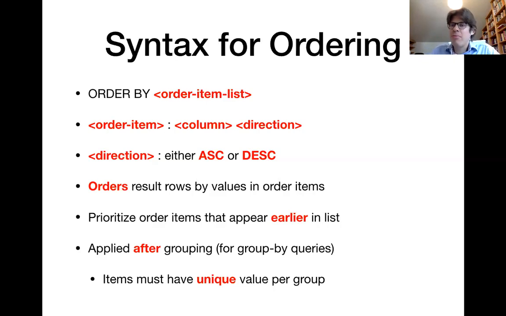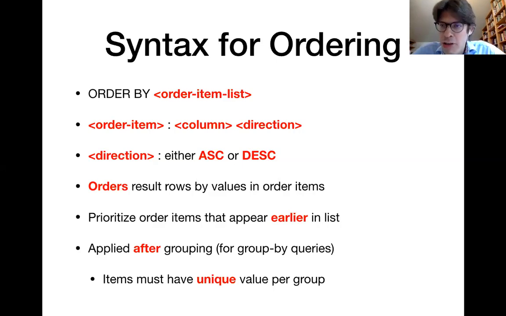And there was some question about in which order things are applied in general. For the order by clause, it is applied after the where condition, for instance, is evaluated, and also after grouping has happened.